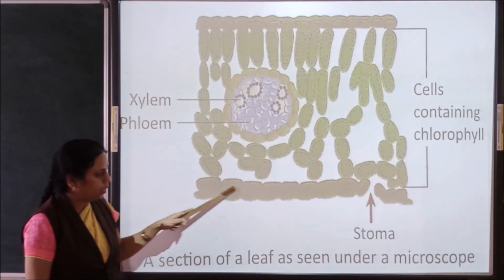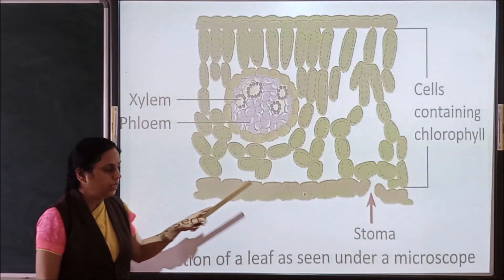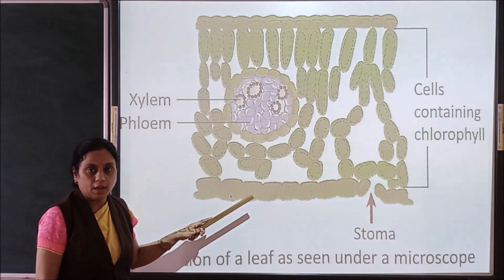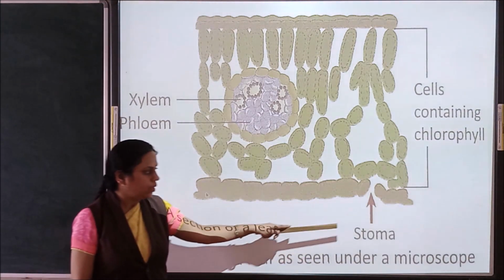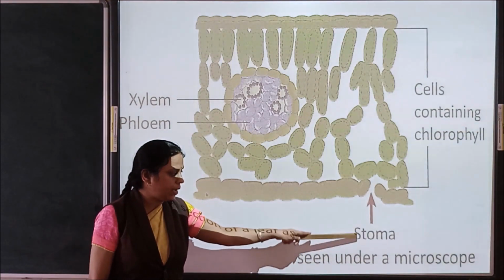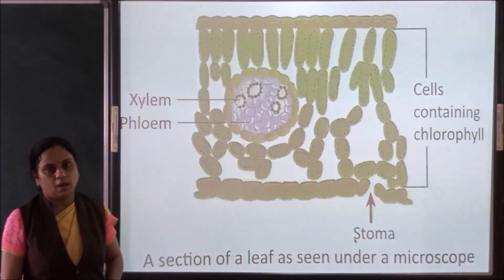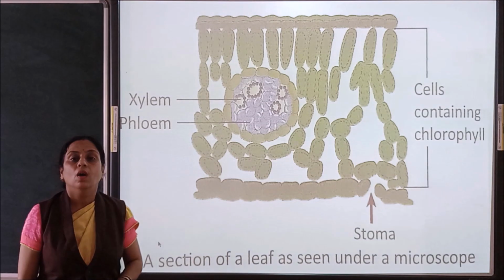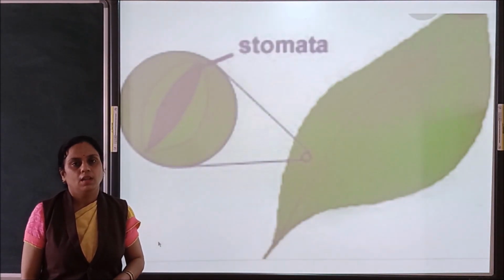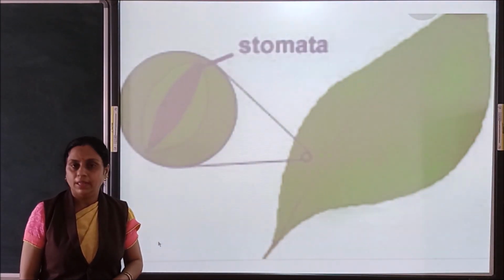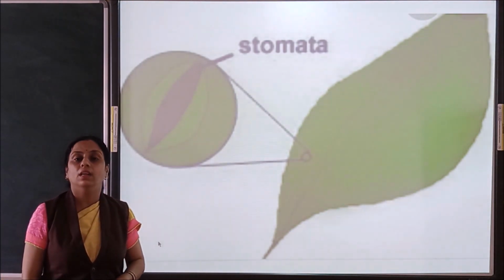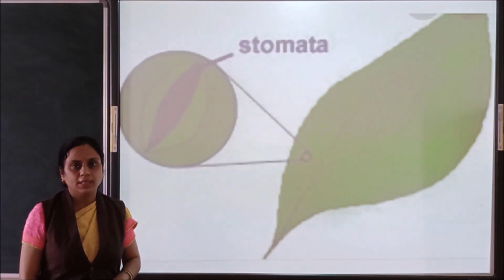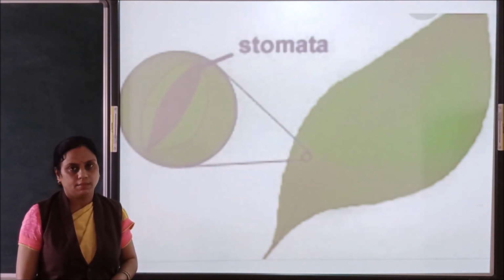Now you can see this lowest layer. This is called the stomata. These are all stomata, and the opening of each stomata is called the stoma. Now you must be wondering, what is stomata? You all know now. In the previous classes you have studied that stomata are the tiny pores present on the lower surface of the leaves.